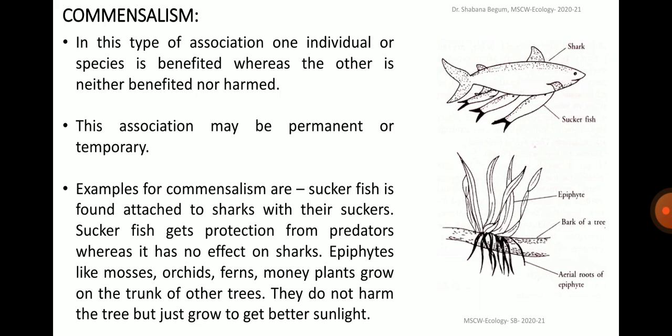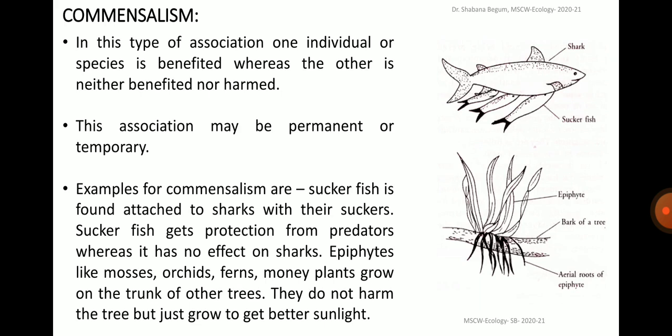Let's move to the next positive interspecific interaction called commensalism. So, in this type of association, one individual or species is benefited, whereas the other is neither benefited nor harmed.